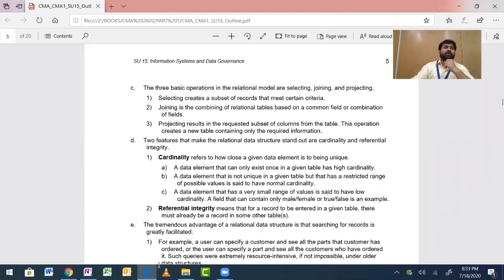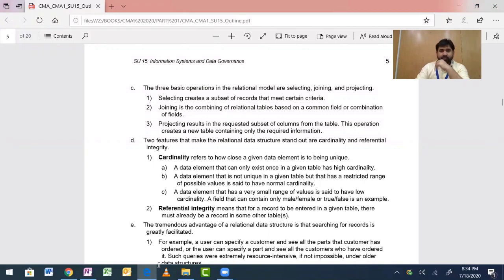Cardinality refers to how close a given data element is to being unique. So if a data element can only exist once in a given table, it has high cardinality. The data element that is not unique in a given table but that has a restricted range of possible values is said to have normal cardinality. Okay. The data element that has a very small range of values is said to have a low cardinality. So cardinality basically is uniqueness. If it is unique, it is high cardinality.